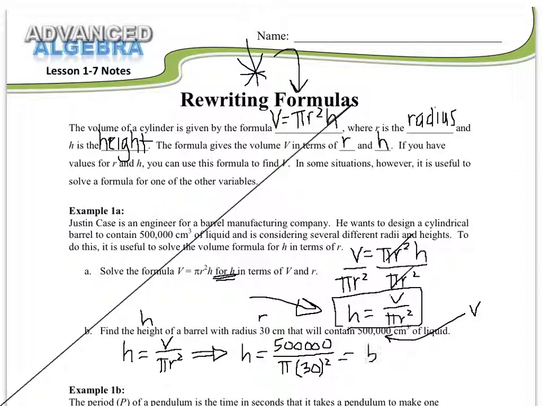So we have 500,000 divided by pi times 30 squared is 900. If we simplify that some more, it should approximately equal 176.8 centimeters. That is the height of that barrel.